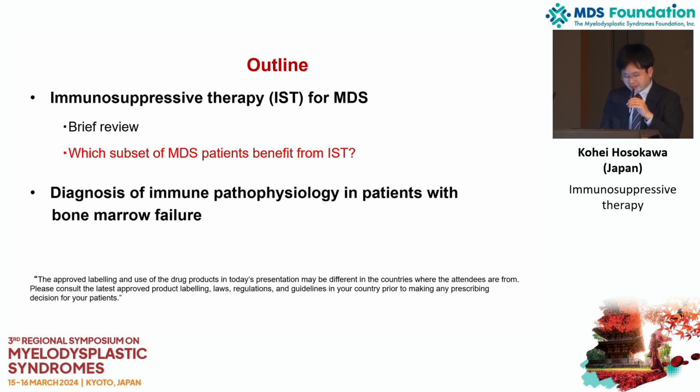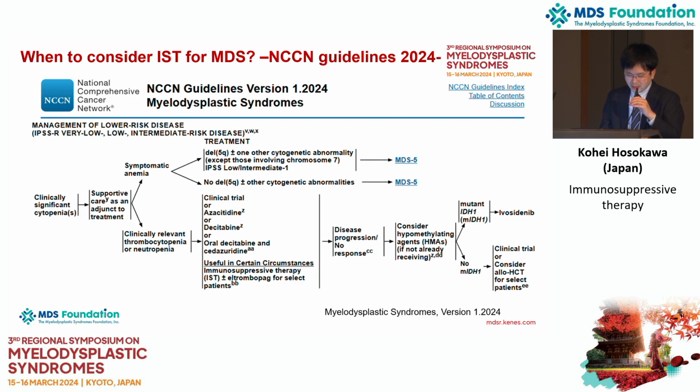So the next question is, which subset of MDS patients actually benefit from IST? When we look at the NCCN guidelines updated this year, there is management of lower-risk disease. If there is clinically relevant cytopenia, thrombocytopenia or neutropenia, then we can choose the immunosuppressive therapy, which is useful in certain circumstances.